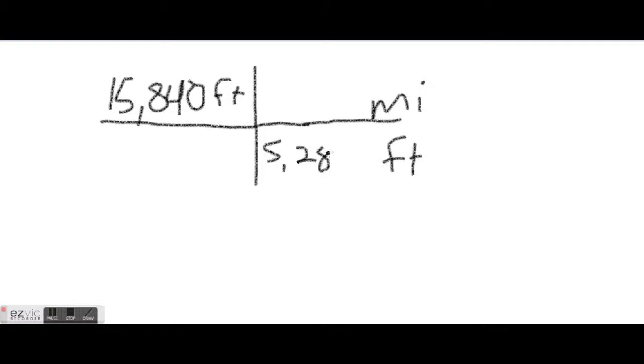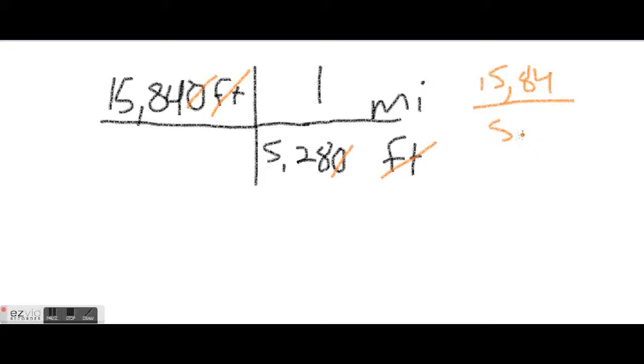Alright, so let's go ahead and multiply. Well, feet and feet cross out, and actually these zeros cross out as well. We can make it a little bit easier. Right now, all we have to do is divide, right? Because what we're going to be left with is the numerator 1584 over 528.